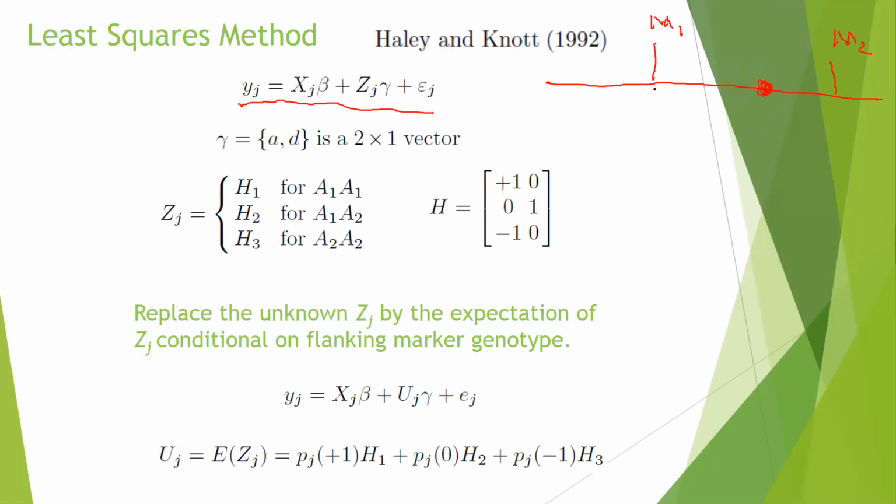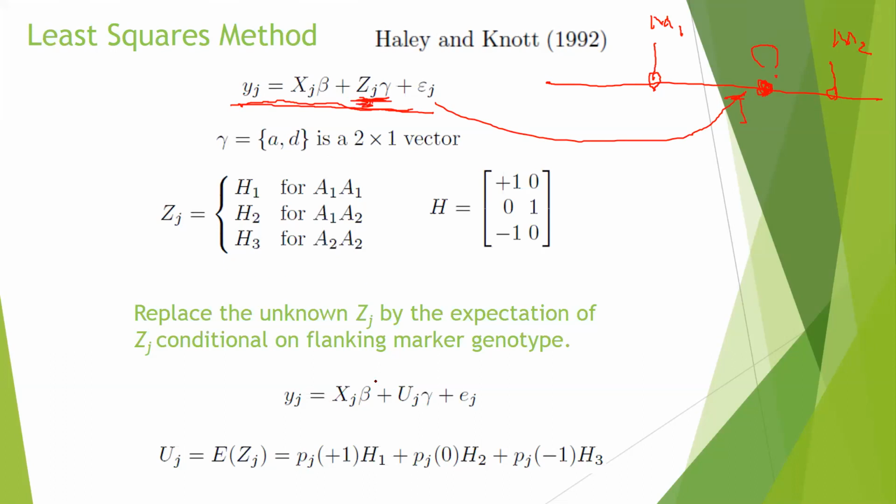However, we only know the genotype information about this marker and this marker, but we don't know it here. Suppose this is the real situation for this locus, but unfortunately, we do not know this information, right?